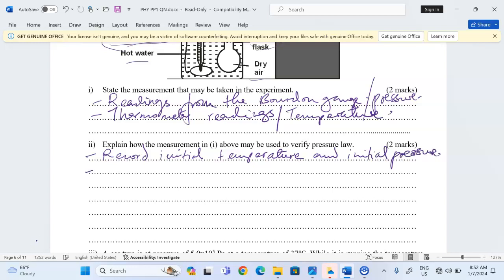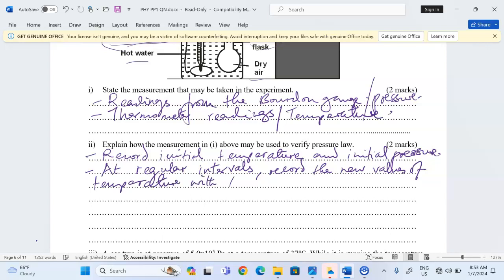Then with time, or at regular intervals, record the new values of temperature with the corresponding values of pressure.